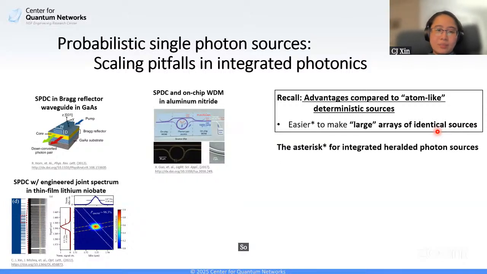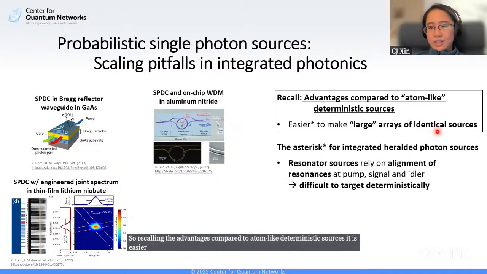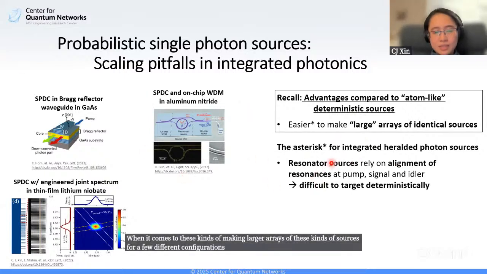Recalling the advantages compared to atom-like deterministic sources, it is easier, but let's consider the asterisk when it comes to making large arrays of these sources. Where does that asterisk come from?